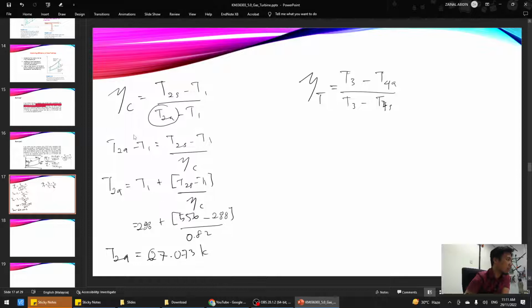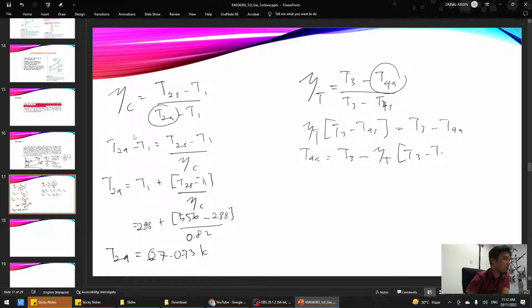S ni yang sedia ada, kita dah kira. So you nak cari T4A, you pusing lah dia. T3 minus T4A equal to T3 minus T4S. So you nak T4A, T3 minus all load here, T3 minus T4S.